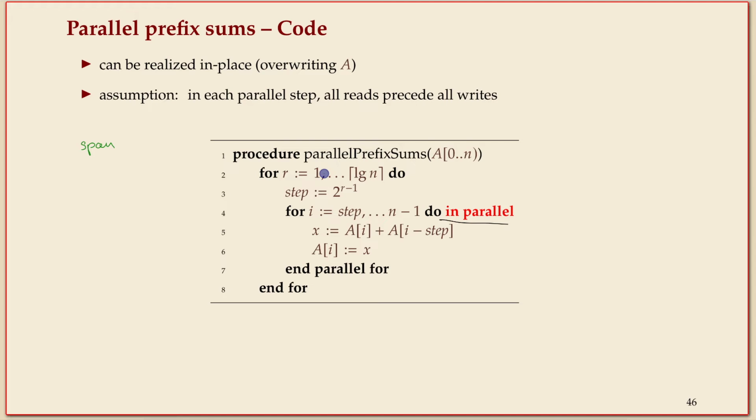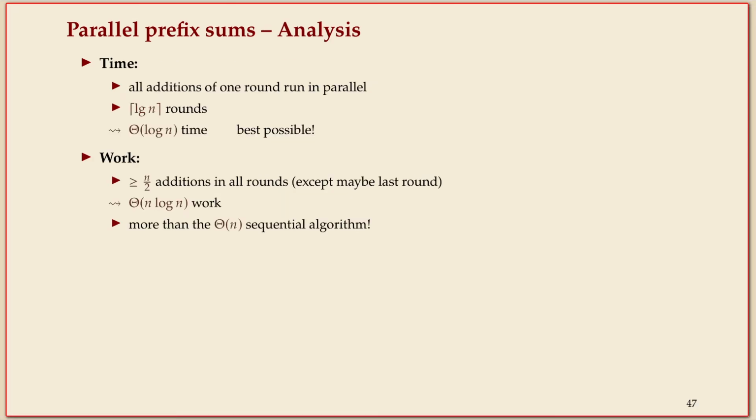This is not parallel, that's sequential. So we run this log n times. But then the rest inside here, this is just one step, and these two are also just one step. So all of this has constant span. It happens in constant time if you parallelize. That's why the span is just logarithmic.